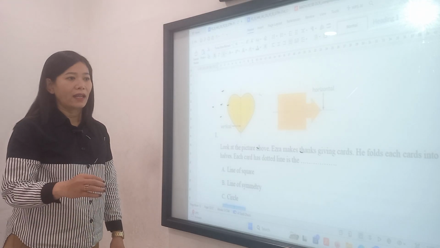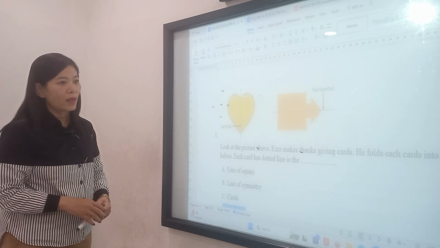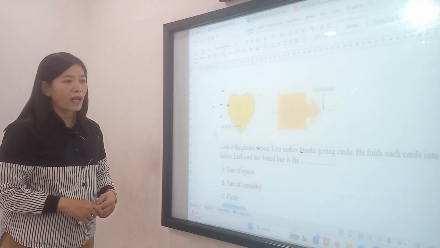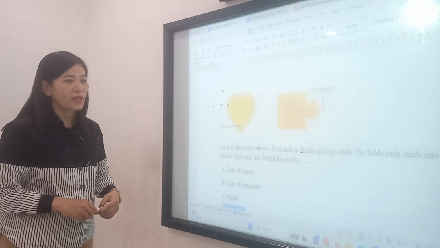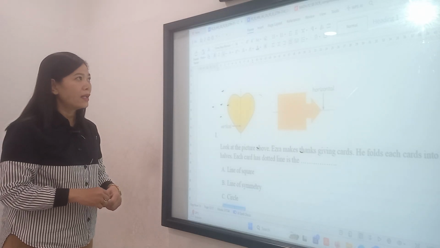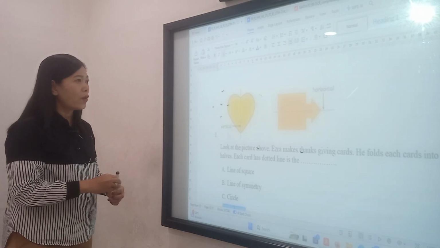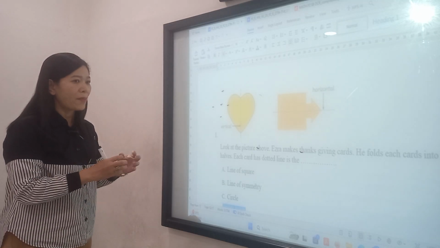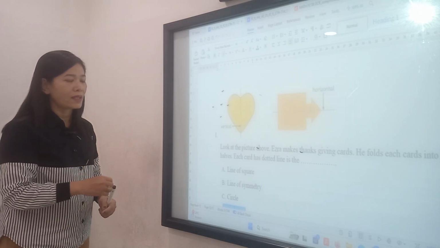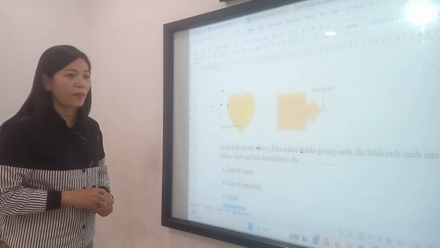A symmetry is a dotted line of each shape. A dot line of each shape. So it is to show that after we take the dot line, there will be the same shape, the same size and the same shape of each shape.